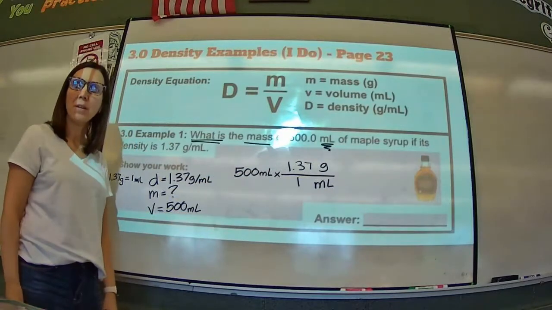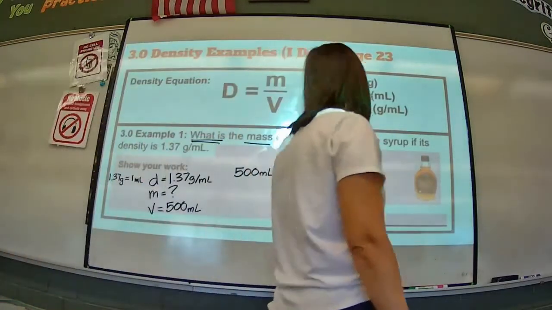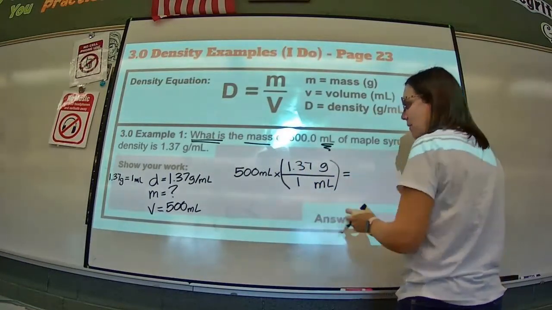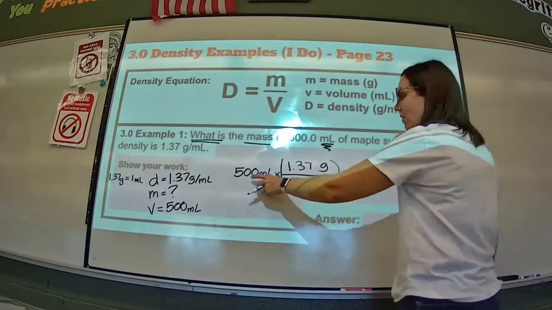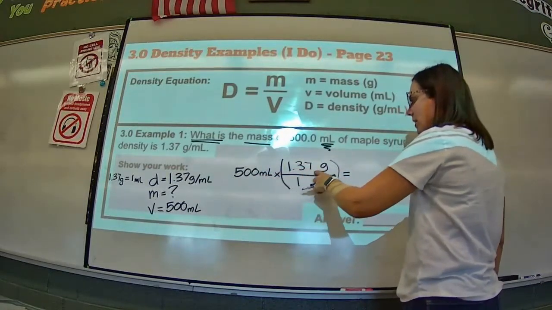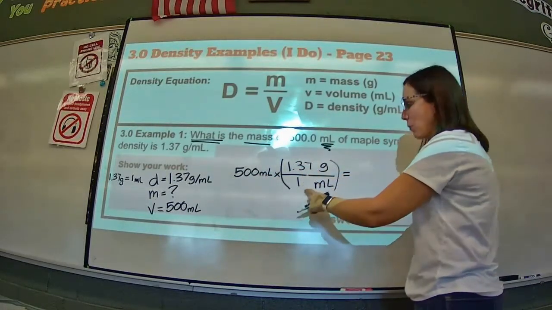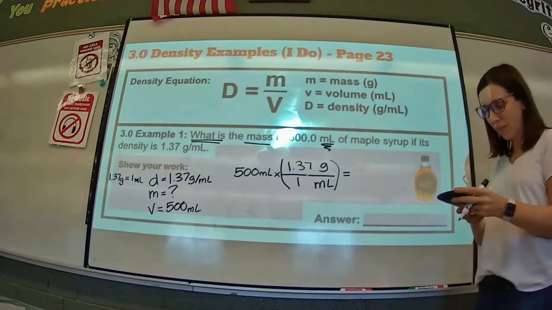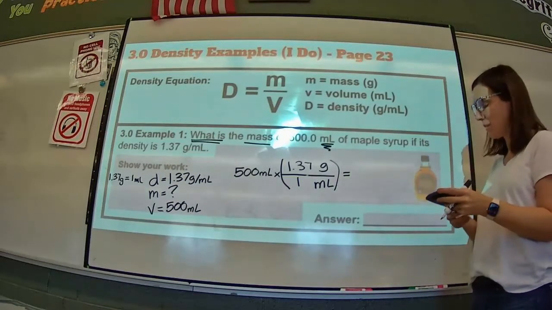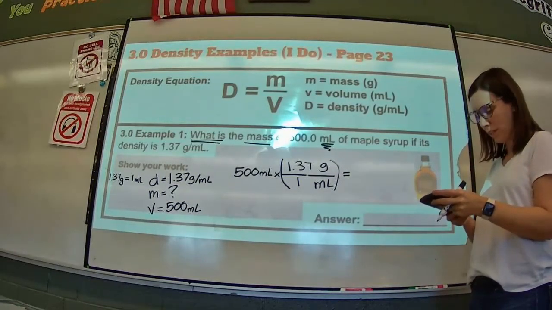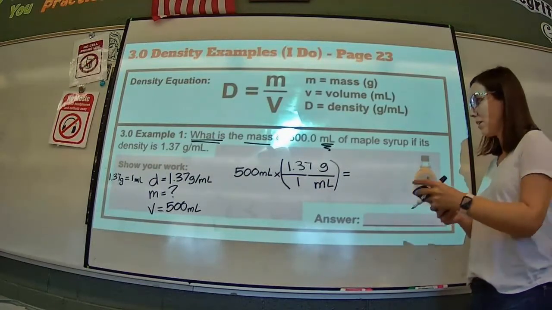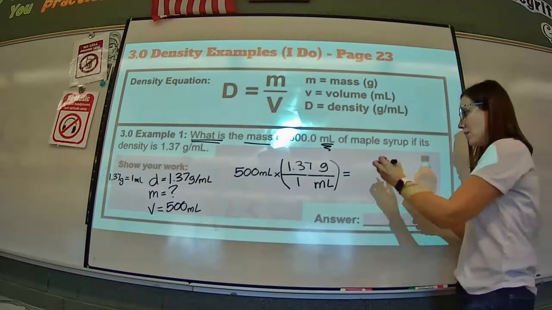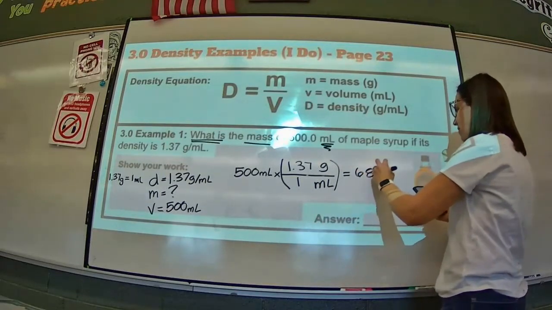Now it's just a matter of putting this into a calculator. We type it in just as it's written. Think about this as having parentheses around it. So 500 times 1.37 divided by 1 is how we enter that into our calculator. 500 times 1.37 divided by 1 equals 685.